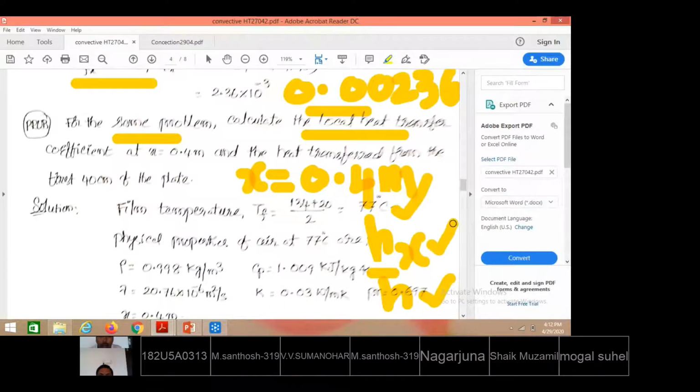At a location of 0.4 meters, that is the local heat transfer coefficient, hx. At a particular position, that is the local heat transfer coefficient. Up to a length of the position, that is the average heat transfer coefficient.